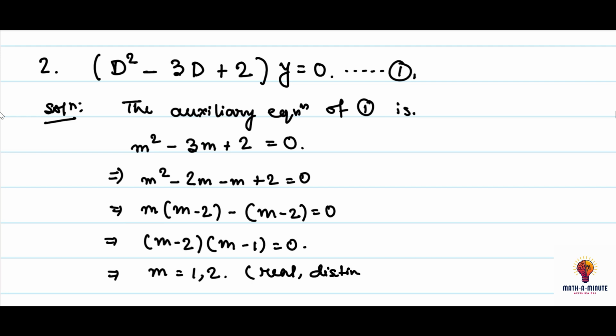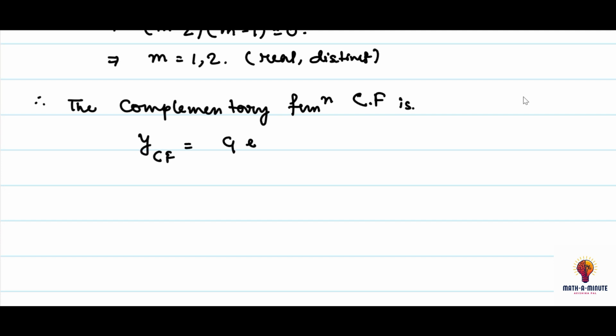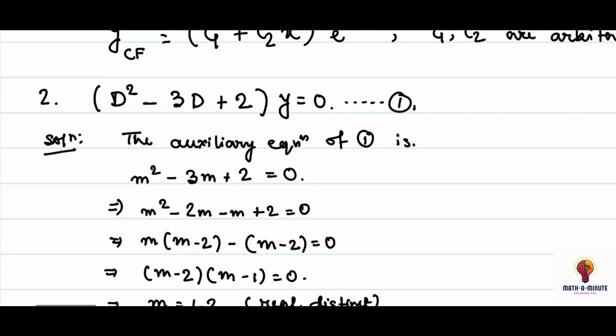So therefore, the complementary function will be y CF equals C1 e to the power x plus C2 e to the power 2x. Here C1 and C2 are arbitrary constants. Now I think it's very easy to calculate the complementary function.